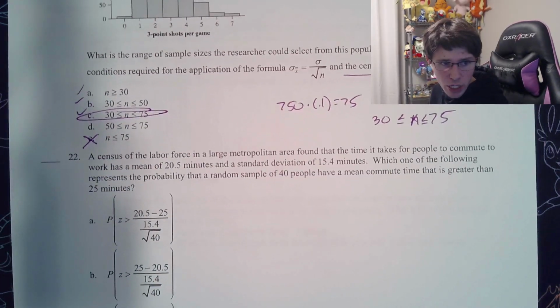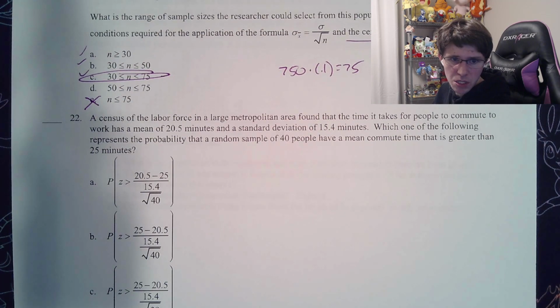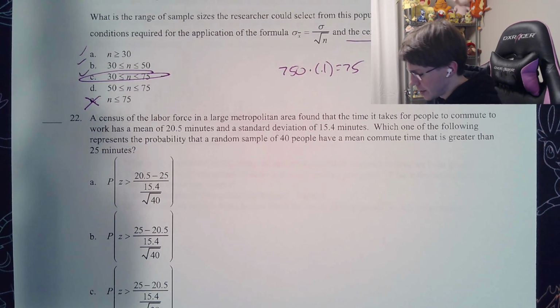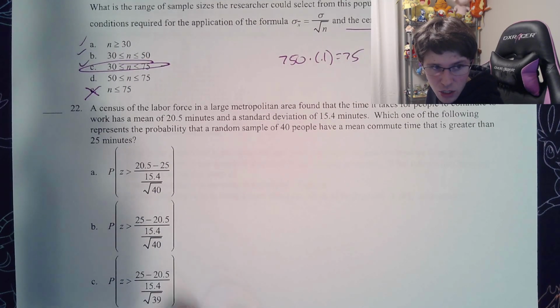Checking out problem number 22. We have a mean of 20.5 and a standard deviation of 15.4. Which of the following represents the probability that a random sample of 40 people has a mean that is greater than 25 minutes? Just a reminder, we're doing our z-score calculation.